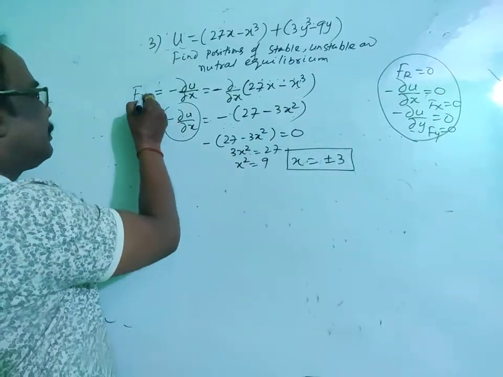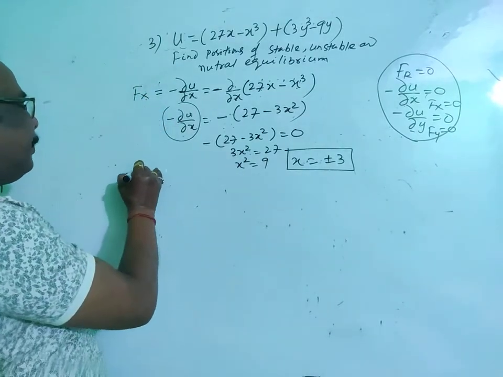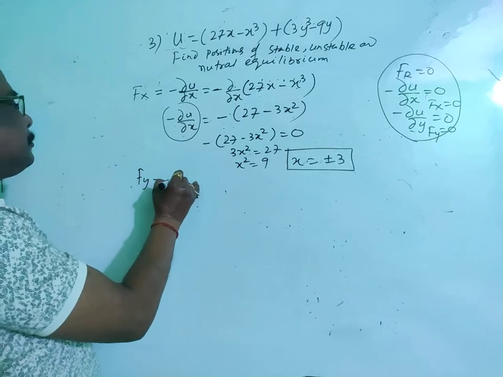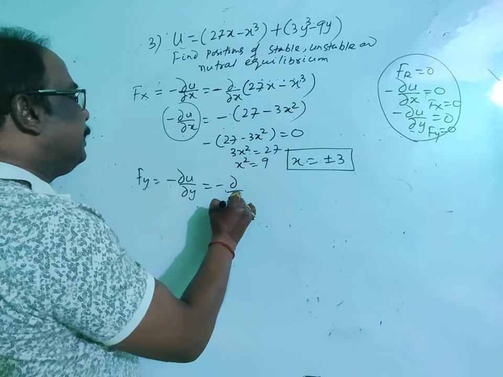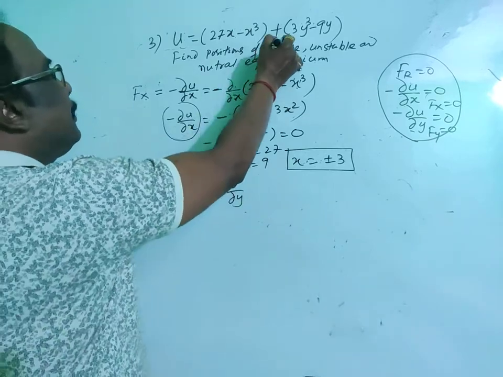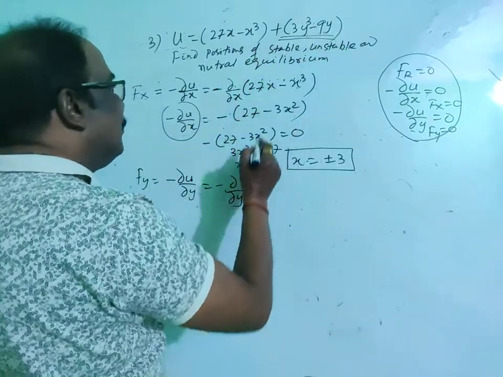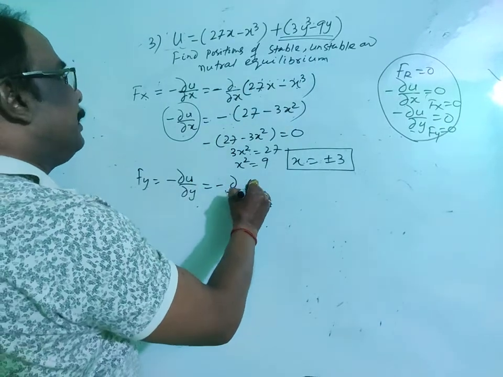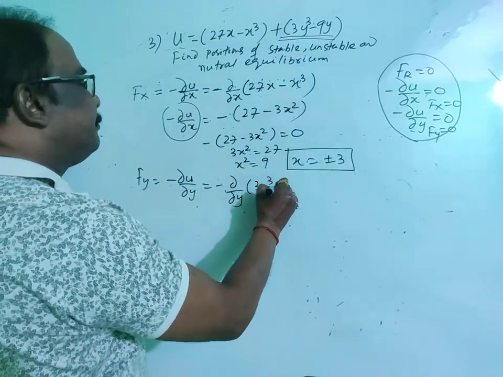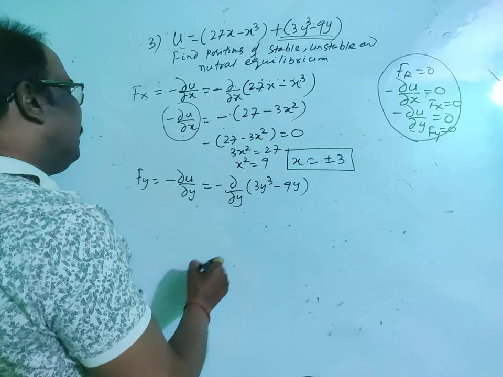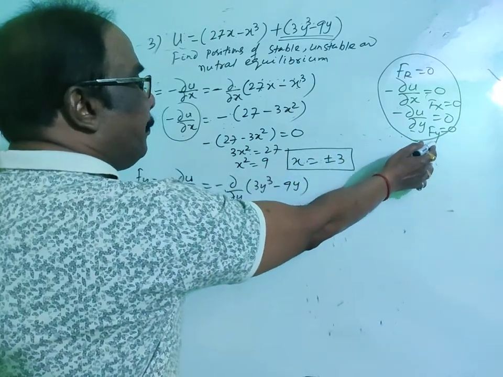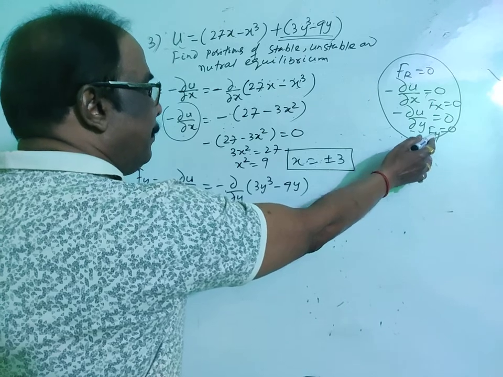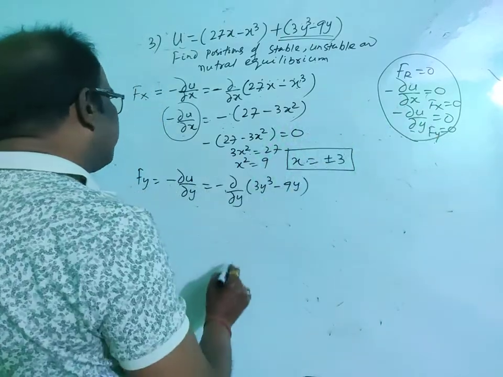Similarly, this is about Fx; now Fy is minus du by dy. In place of u, we take whatever variables are given in the y direction, 3y cube minus 9y. For equilibrium du by dy is also 0.